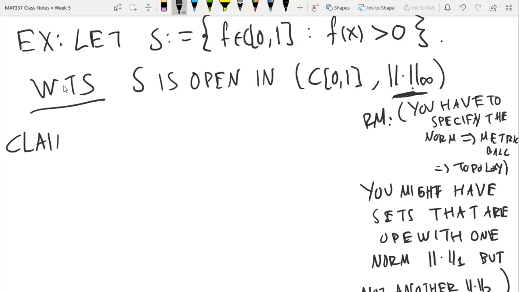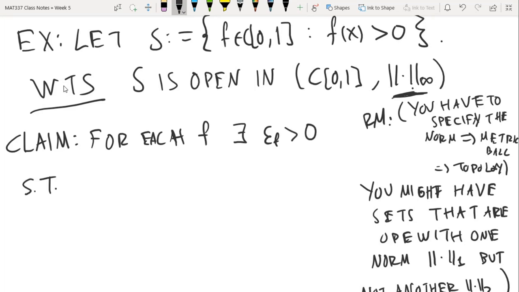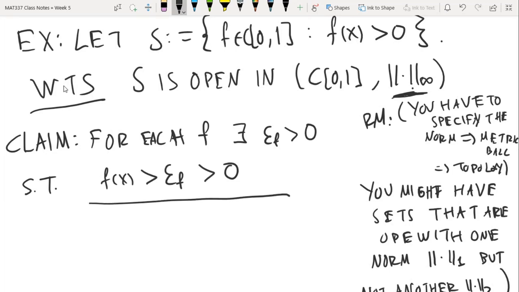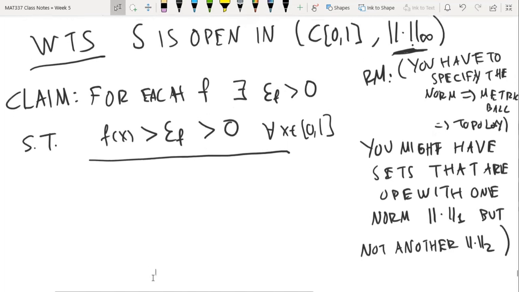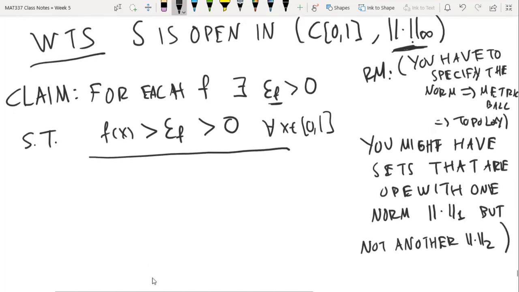Claim: for each f, there exists a constant epsilon f such that f of x is bigger than epsilon f for all x in [0, 1]. Then we'll use this epsilon f as the radius for the ball.